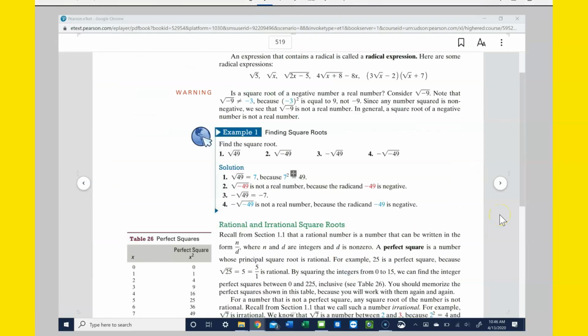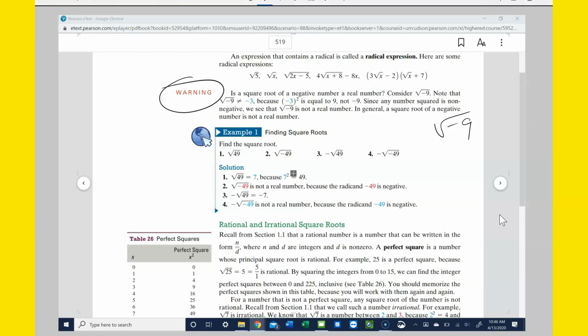All right. Look at the warning right here. The warning says, is the square root of a negative number a real number? So it says, consider the square root of negative 9. What is the square root of negative 9? Well, when you square negative 3, you don't get negative 9, you get positive 9. And when you square 3, you don't get negative 9, you get positive 9.